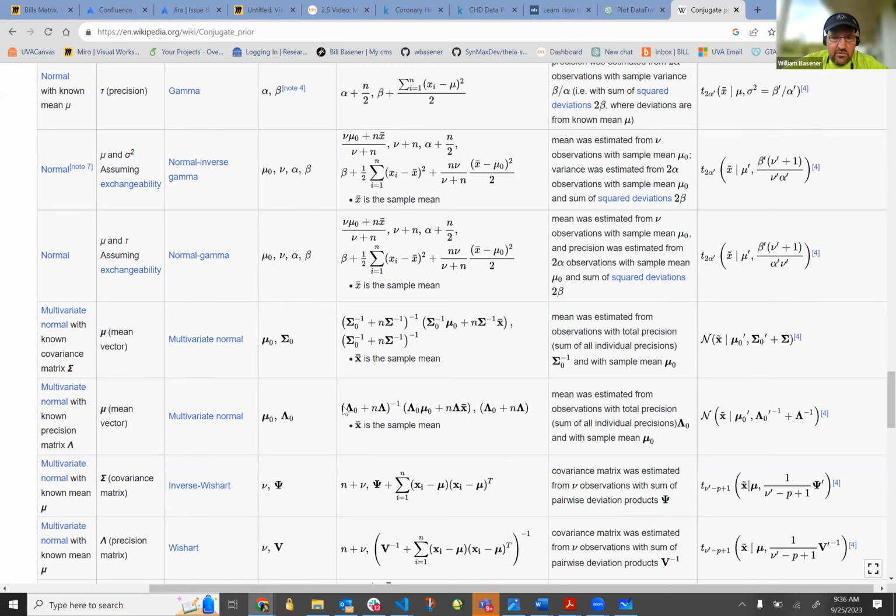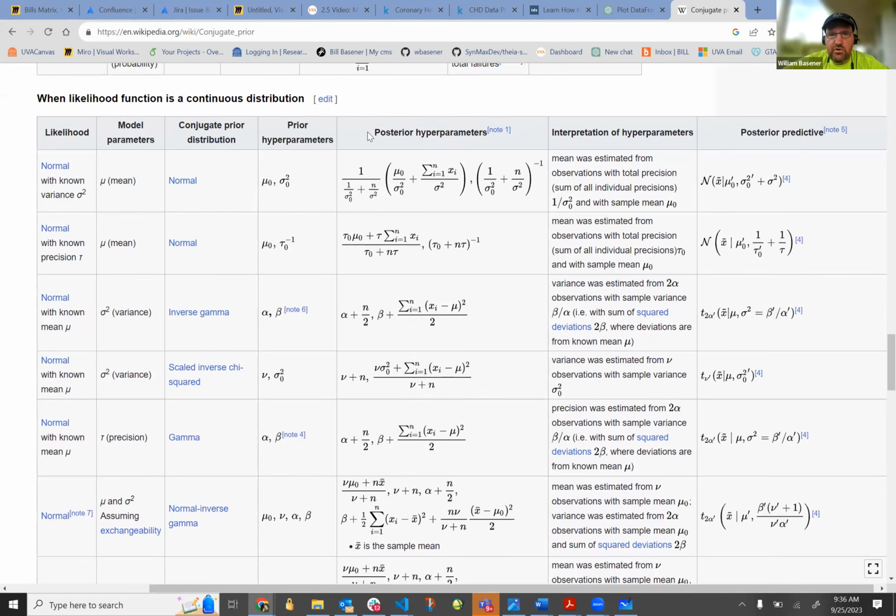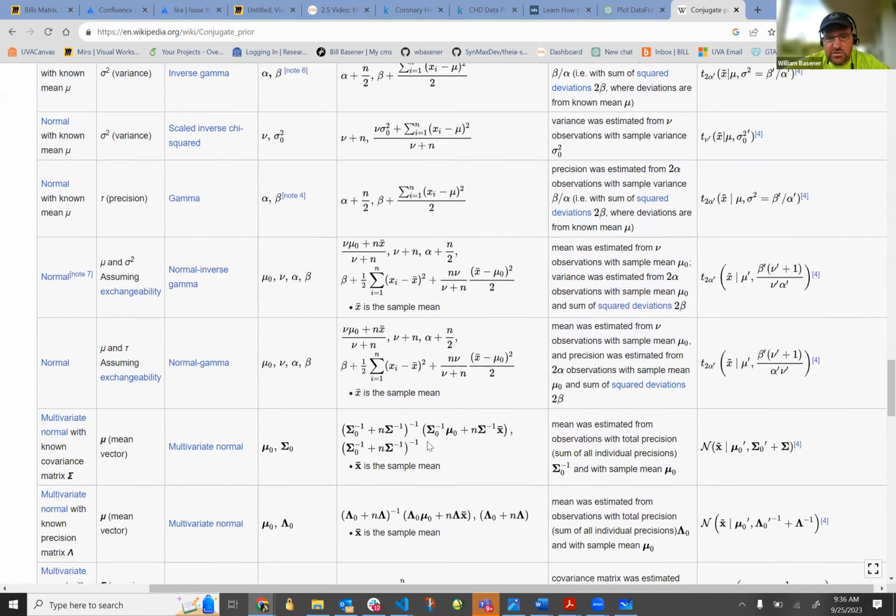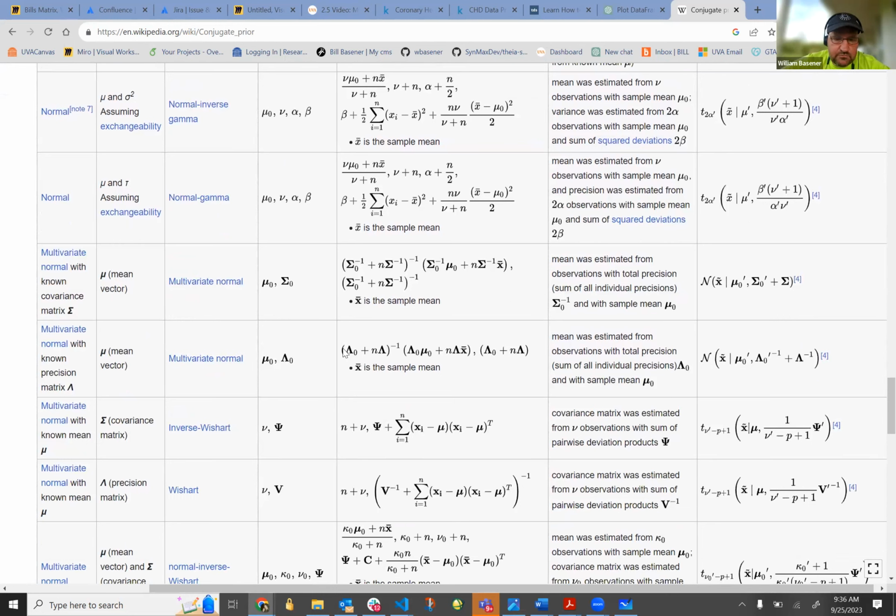And so when we come over here, these are the posterior hyperparameters. This is the hyperparameters for the posterior distribution on the mean. And what we have here should be very familiar. This is the mean for that posterior distribution, and this is the precision matrix for that posterior distribution.